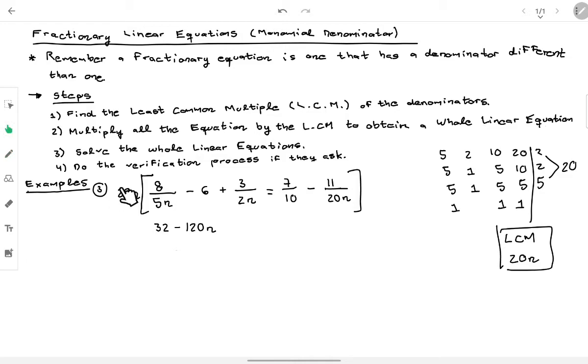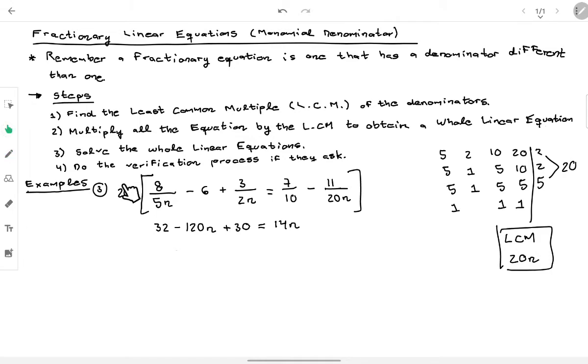Then it's going to be 20n divided by 2n. It's only 10. That multiplies by 3, it's going to be 30. Then equals 20n divided by 10, it's 2n. Multiplied by 7, 14n.